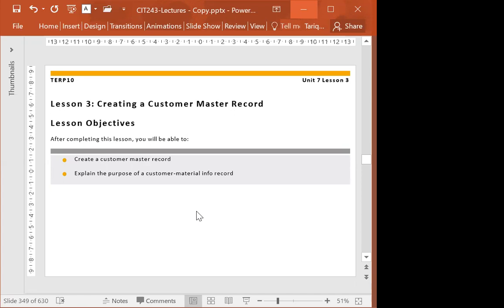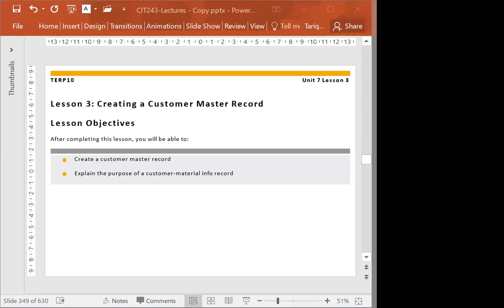Write down, please. Number 1, number 2, number 3, number 4. We have customer master data. We have material master data. We have customer material info record.